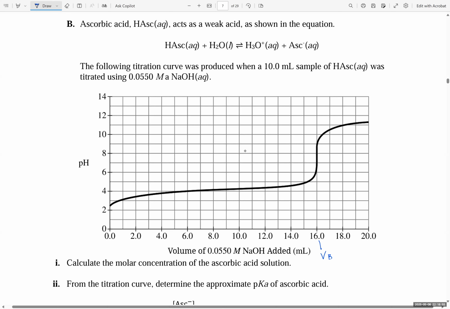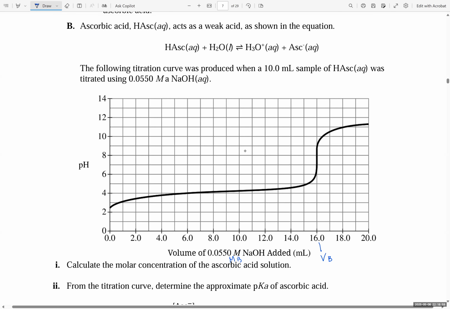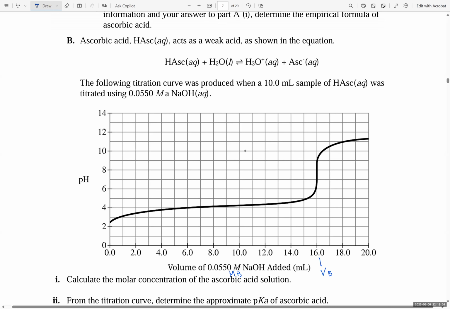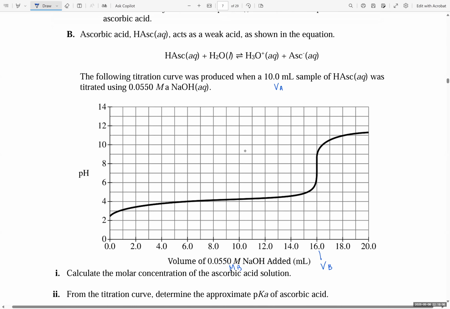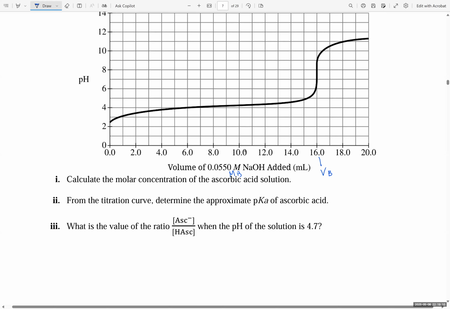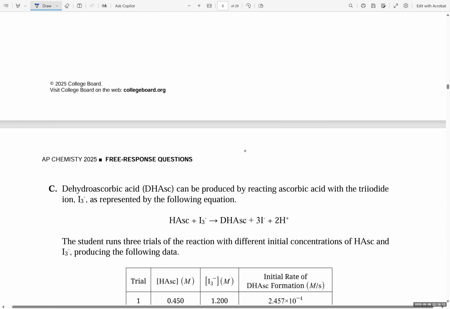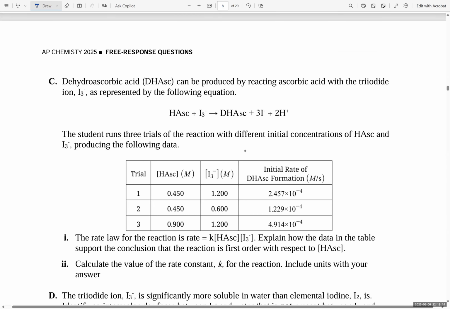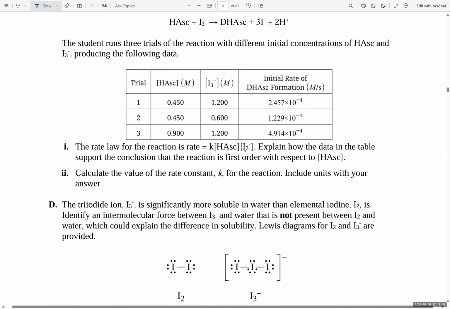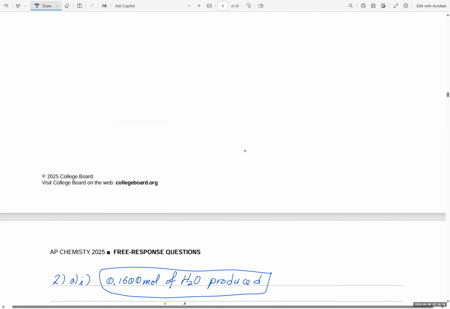Volume of our base, right? We got our molarity of the base. And what else? We got our volume of the acid, and we're trying to solve for the molar concentration, right? Which is Ma. So let's go. I'm going to set up 2B. I believe that's 2B, right?